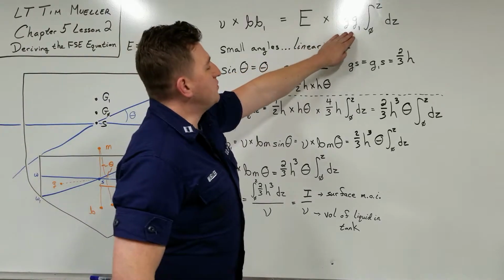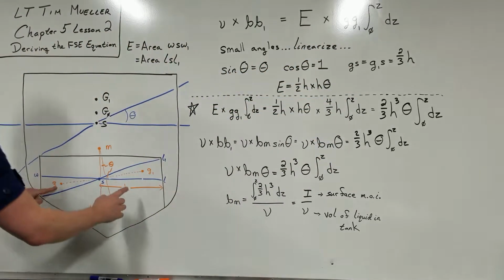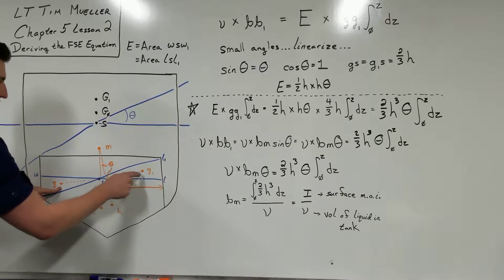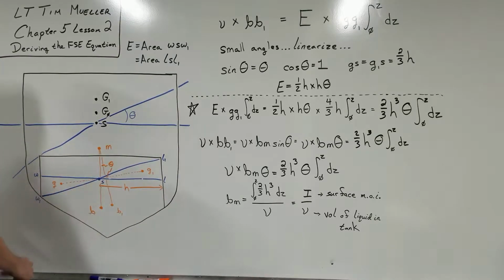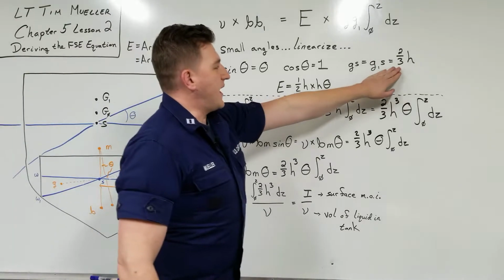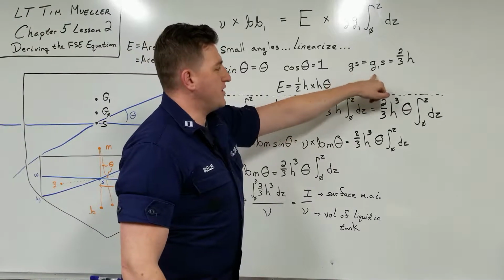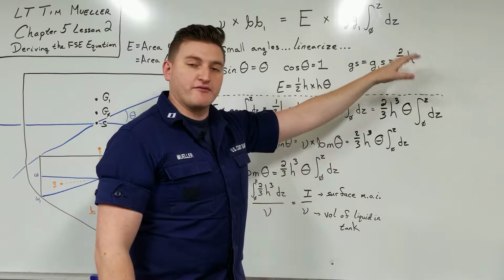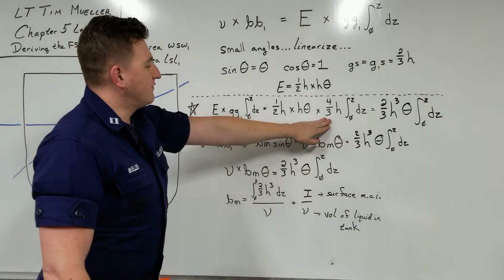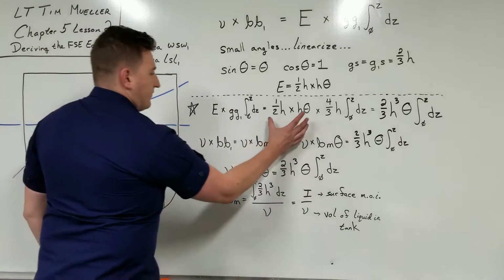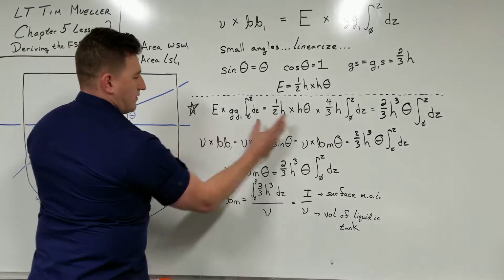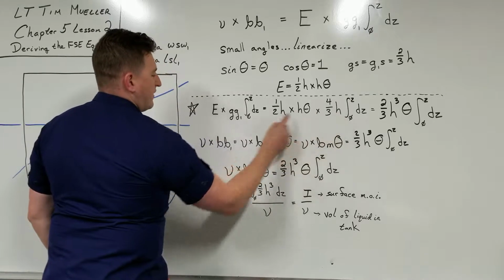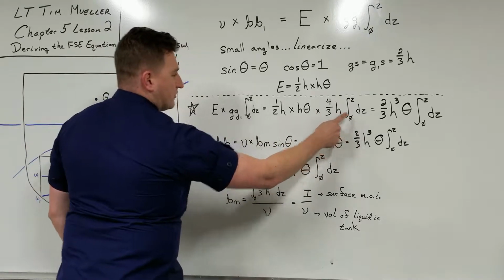Then GG1 is just GS plus G1S. So GS plus G1S equals 2/3 H plus 2/3 H, which equals 4/3 H. So now we have E times GG1, and then we just keep that integral.